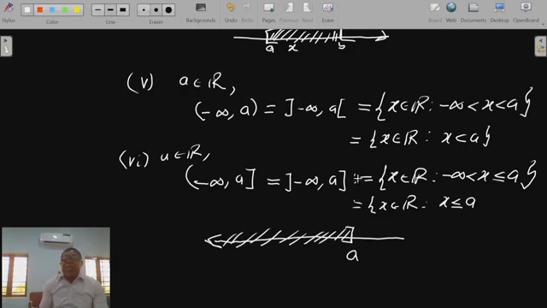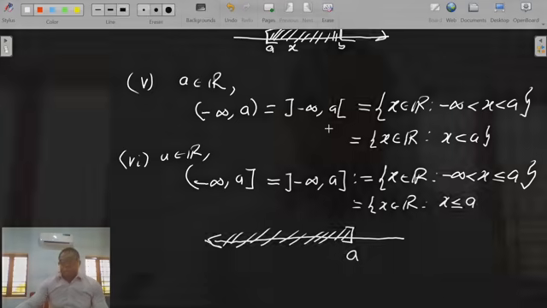That's what this set represents. This particular one will represent the set of all points that lie below A, but in that case, A is not inclusive.